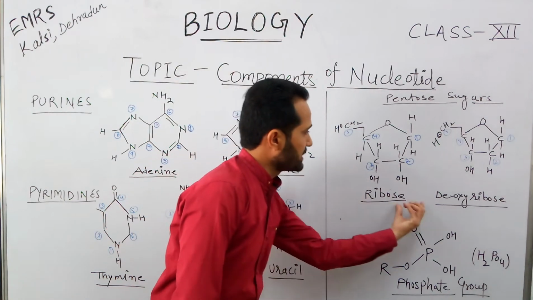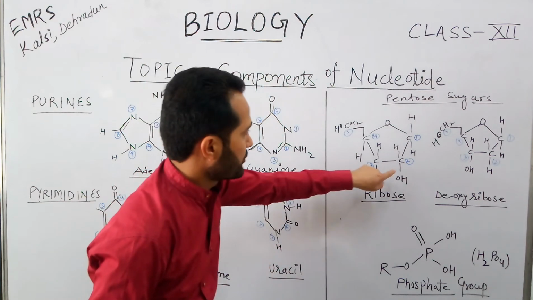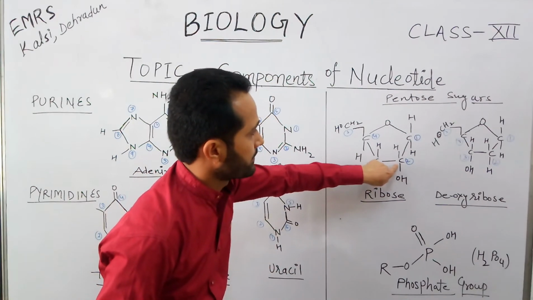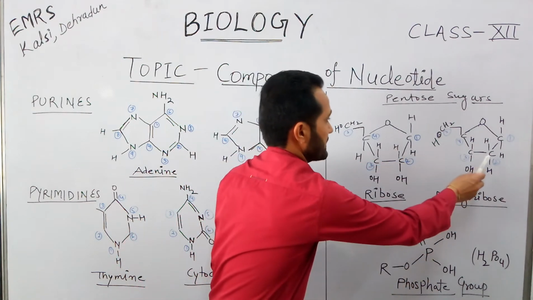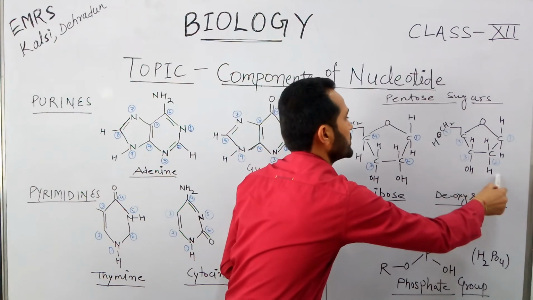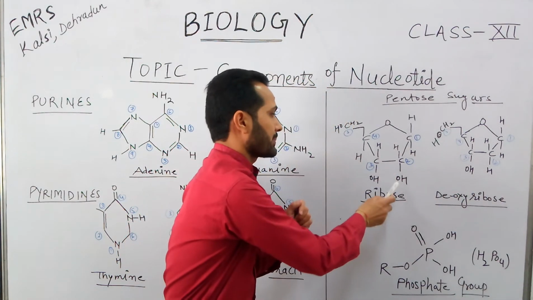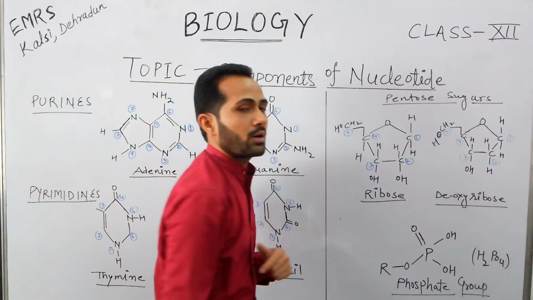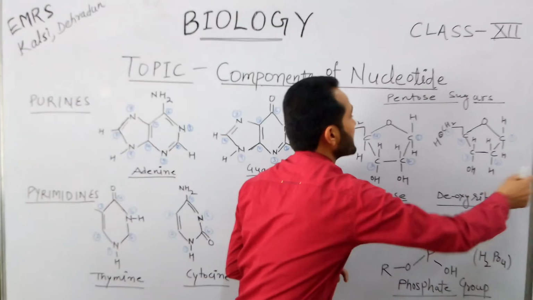But the only difference between the ribose and deoxyribose is if we see the second carbon, the carbon which is present at second place. Here OH group is present and here only hydrogen is present. So in ribose sugar, the second carbon is having a hydroxide group. On the other hand, in deoxyribose, oxygen is removed.